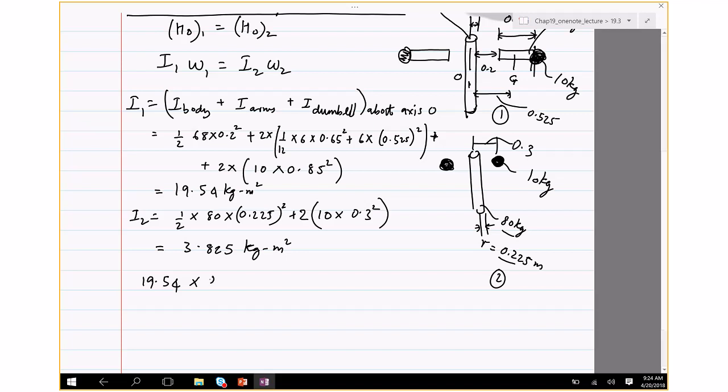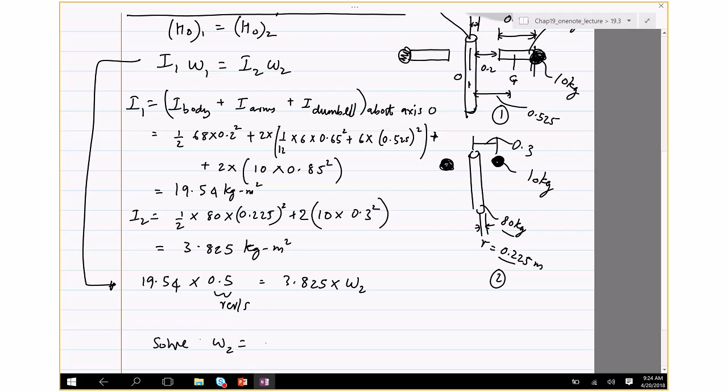So I'll write it as 0.5 revs per second equals 3.825 times omega 2, which is the unknown. So if you solve for omega 2, you get 2.55 revs per second.